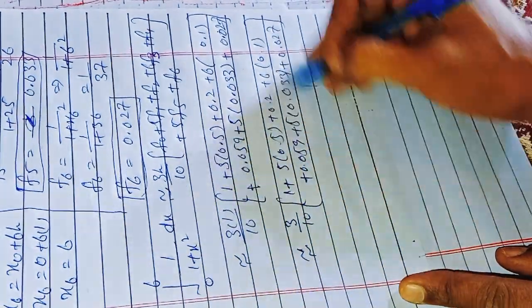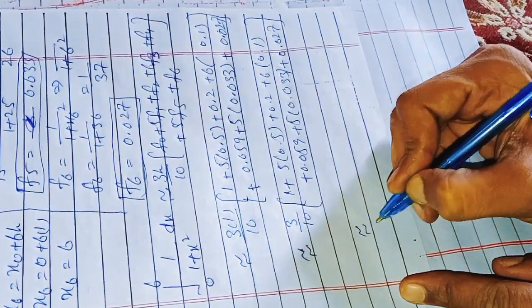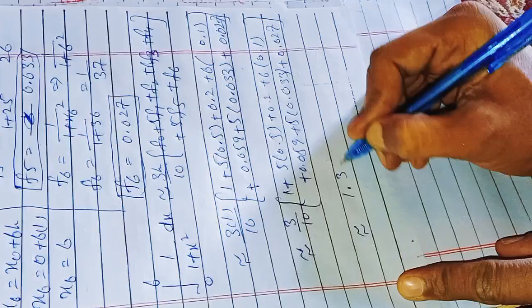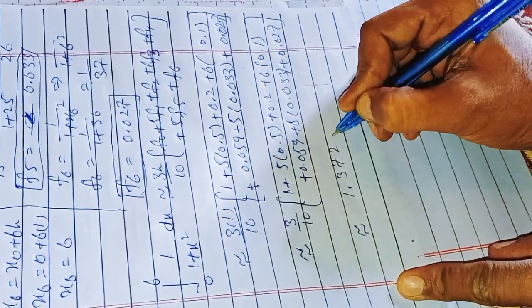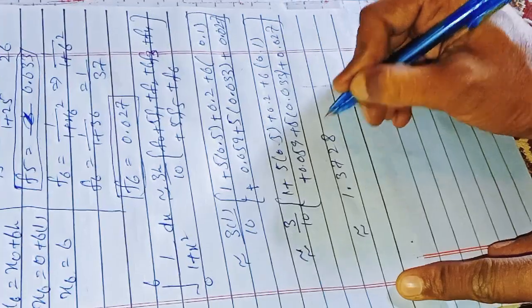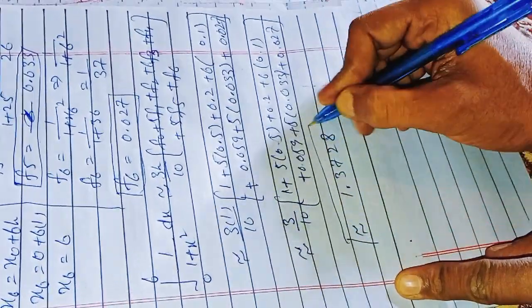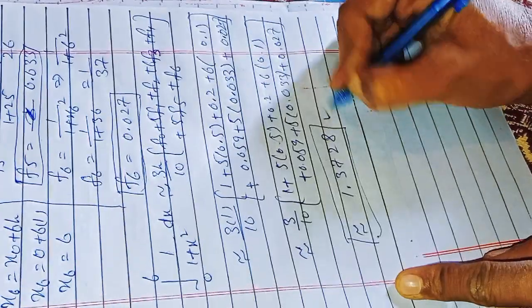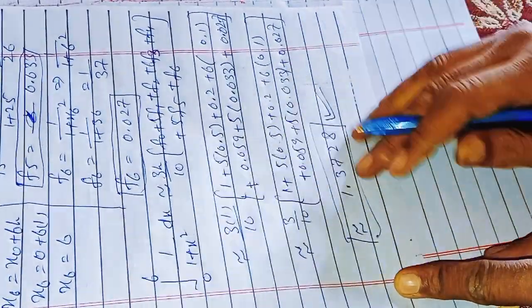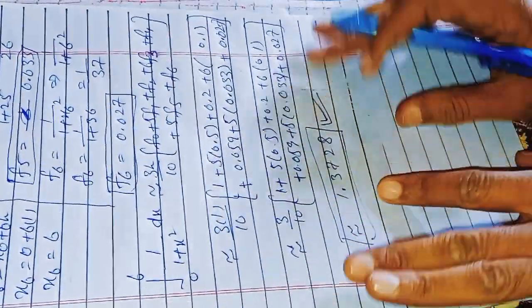If we simplify this, we will get 1.3728. This is our approximated value. I hope you learn this.